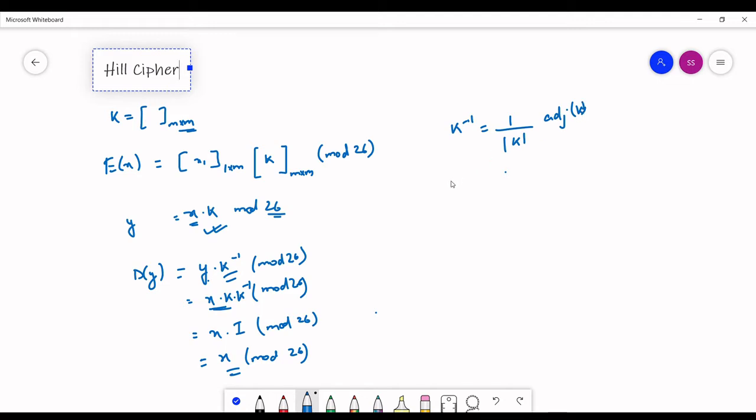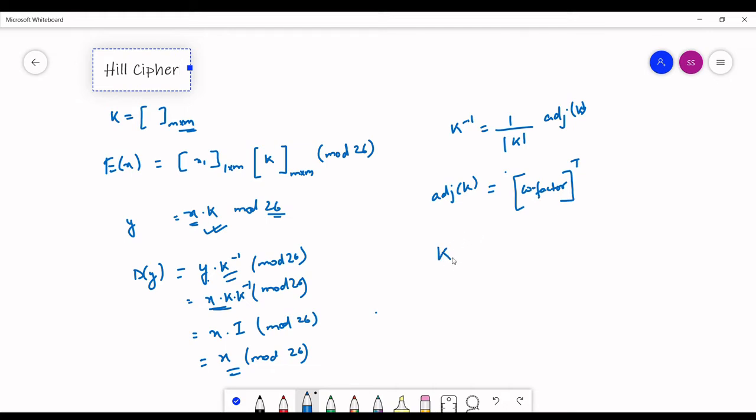Adjoint of k is equal to, you have to find a matrix of cofactors of each element of k, and you have to take the transpose of that matrix. That will give you the adjoint of a matrix. Let's see this with the help of an example of how to find a k inverse.